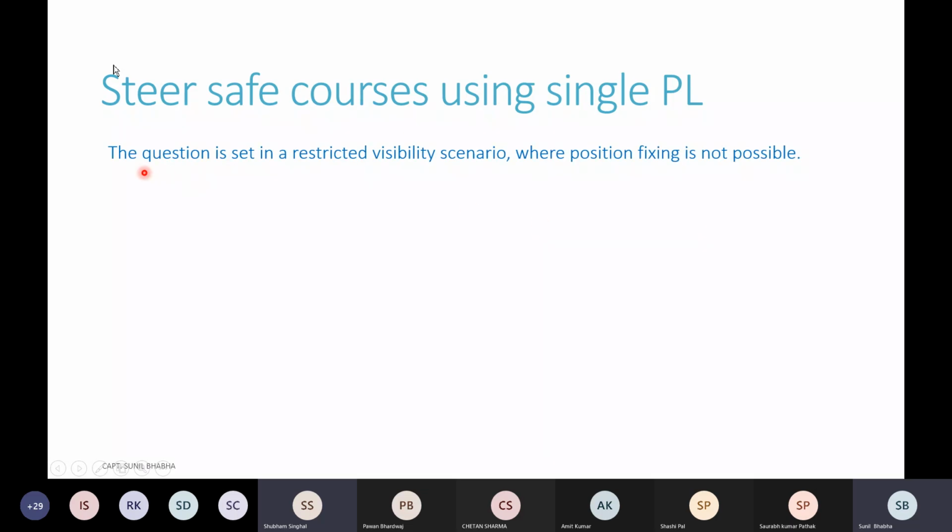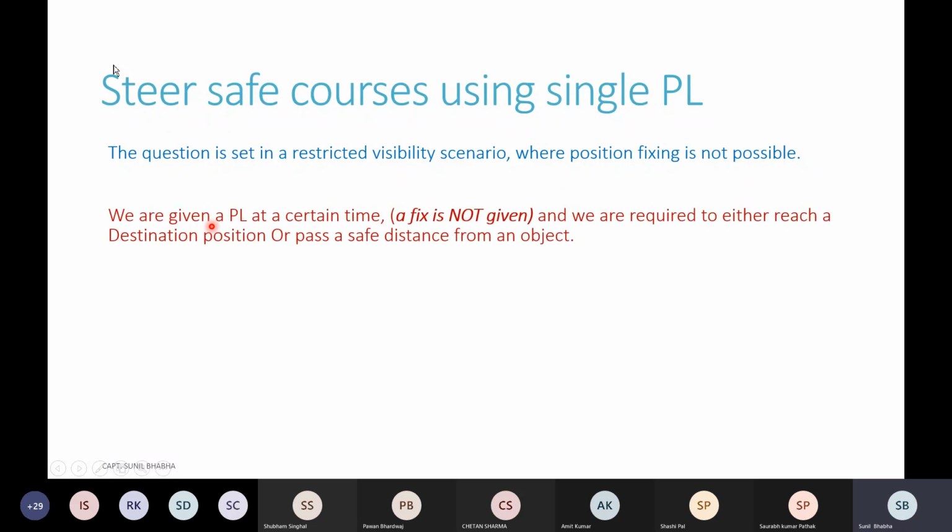Now, before we move into the question itself, let's first try to understand what is the scenario in which this question is based. Once you understand the scenario, it becomes very easy to solve this question. So this question is set in a restricted visibility situation where position fixing is not possible for us.